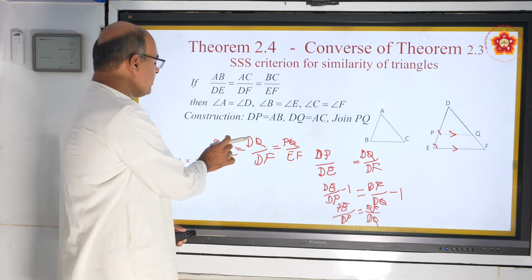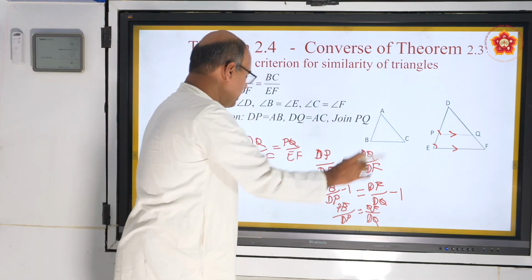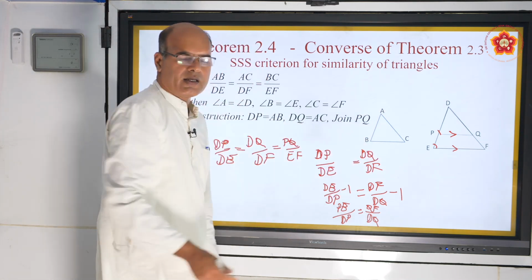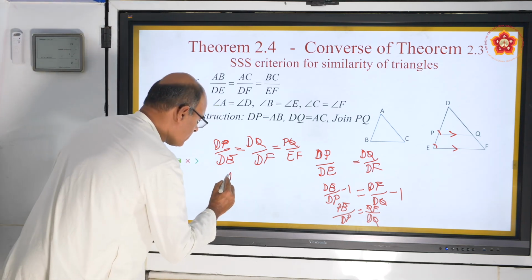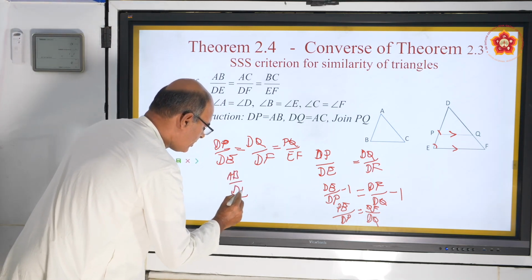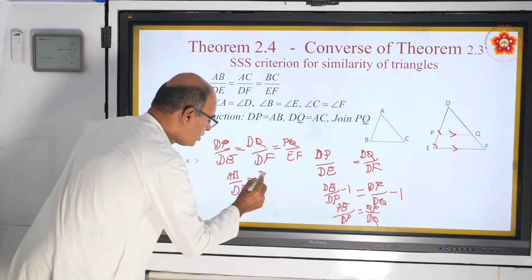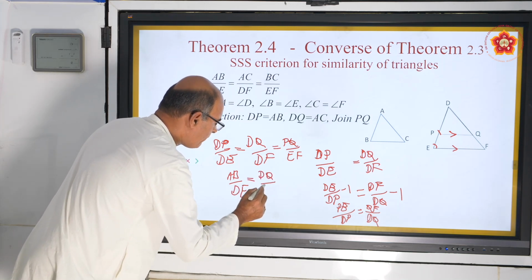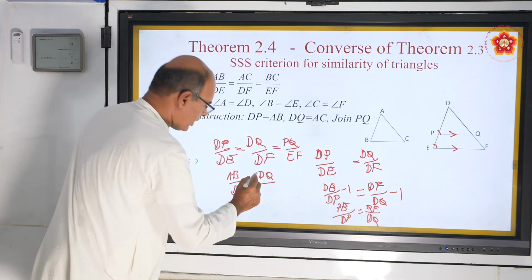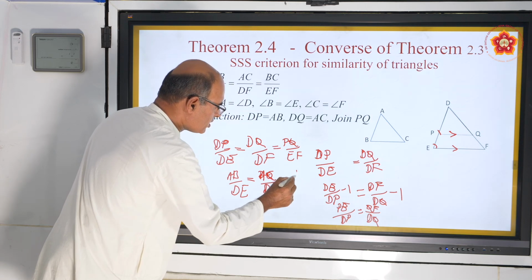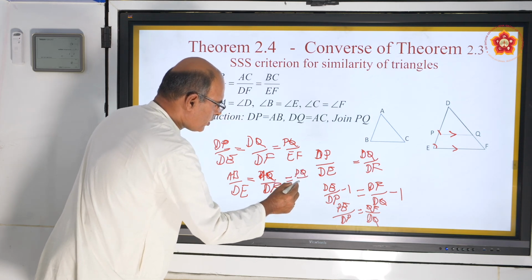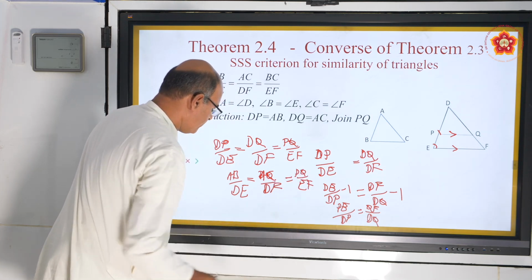We can exchange DP with AB and DQ with AC. So we get AB by DE, which is equal to DQ divided by DF. Instead of DQ, we can write AC by DF, which is equal to PQ divided by EF.